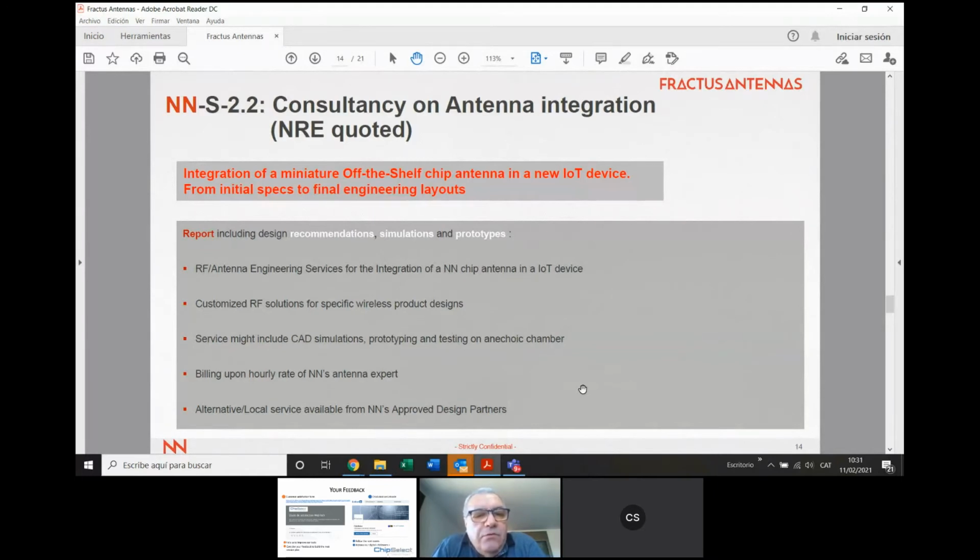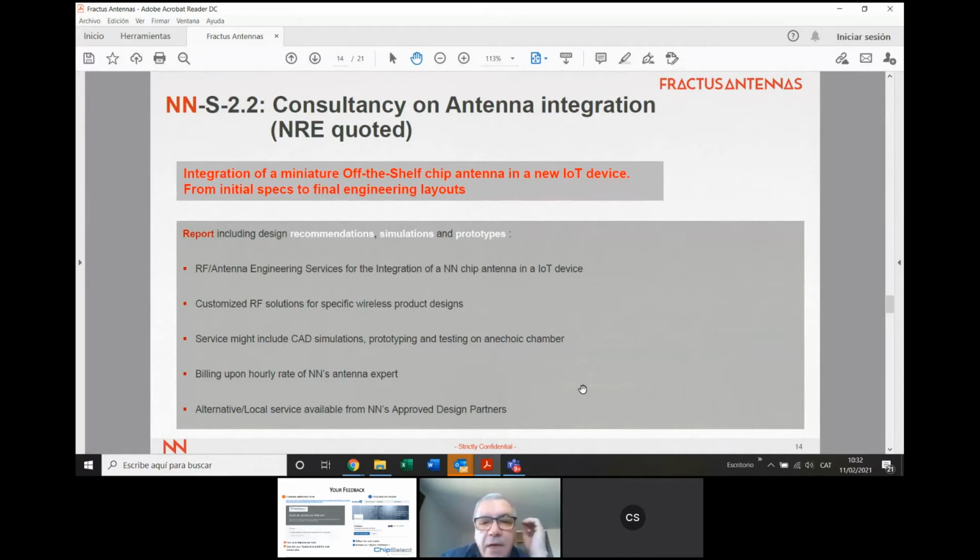The same as before, we are going to make some simulations, and we will come up with a report where you will see the antenna location, the topology of the matching network, the first approximation of the bill of materials, and what the performance of the antenna is going to be in this environment. Okay, and even if you want, you can compare different environments.